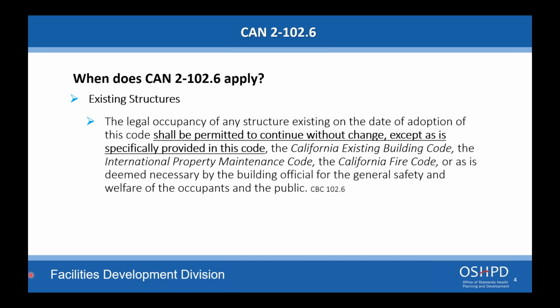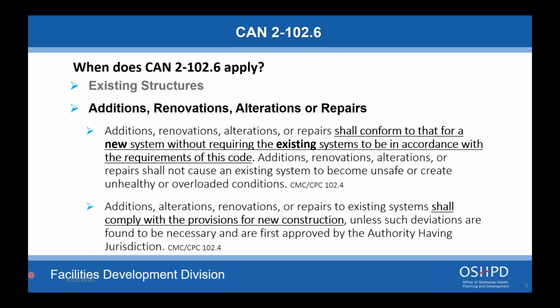It's typically like fire life safety or any safety stuff. A good example of that is the Alquist Act that required existing hospitals to be upgraded seismically. But we don't see this very much. So as a general rule, if it is built in compliance with the code, it can remain in use as is indefinitely. And that's a key point for this whole presentation, so something to keep in the back of your mind.